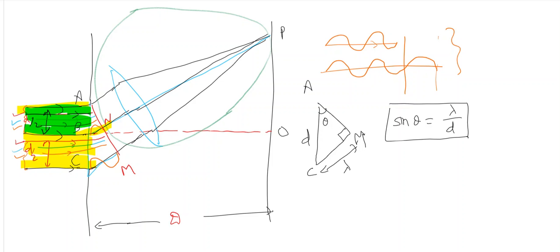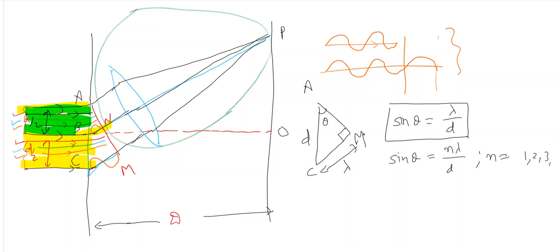In general, we can say that sine theta may be n lambda by d. Not necessary that it has to be 1 lambda. This argument is true even if it is 1 lambda or 2 lambda or 3 lambda. 0 we will not consider because it is the central point.